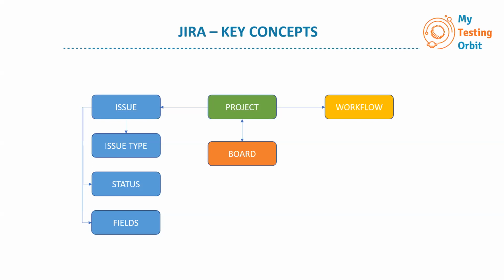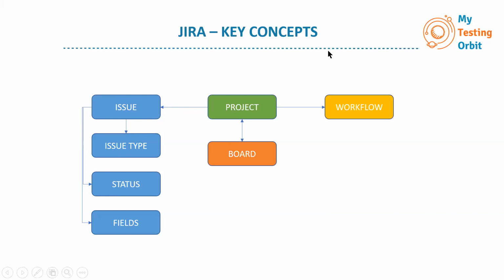Right. Okay. So we have spoken about issues and how they are related to issue type, status, and fields. Now, all issues which we create in Jira belong to a project. One instance of Jira can have multiple projects at a time. We have spoken about one specific project and one specific team, but in one organization there can be multiple projects going on at the same time.